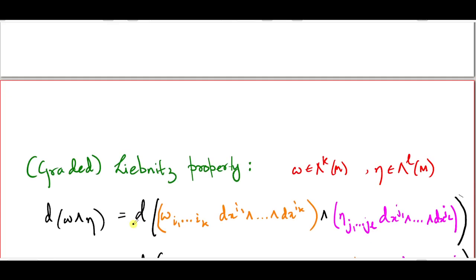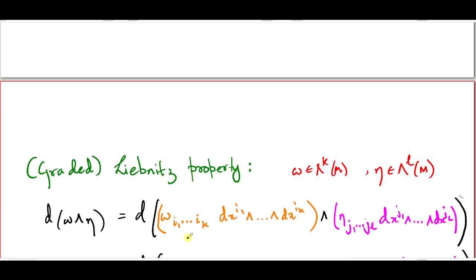The best way to derive the graded Leibniz property is to make use of a coordinate representation. So in this and the other proofs that I'm going to do today, I'm going to assume that we are using a coordinate system, and therefore we can make use of the standard property of the exterior derivative written in terms of coordinate differentials.